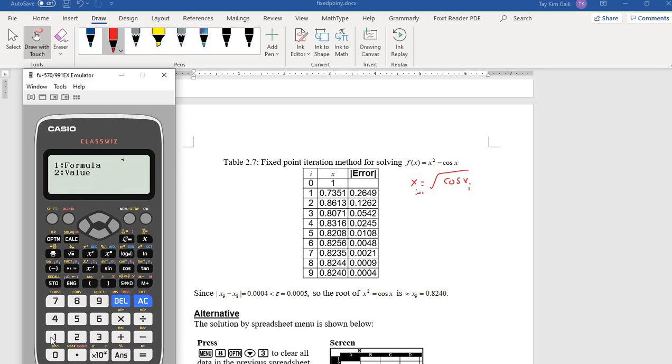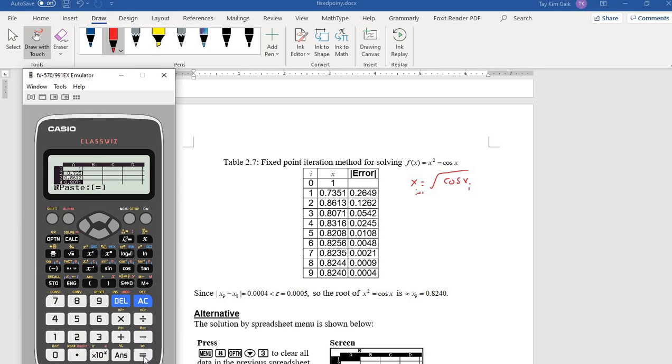I want the formula number 1. Then I want to copy options. I want to copy the formula in A2, which is where I key in the square root cos A1. A1 is my x naught. So I options. Copy is number 2. And then we want to paste the formula down.